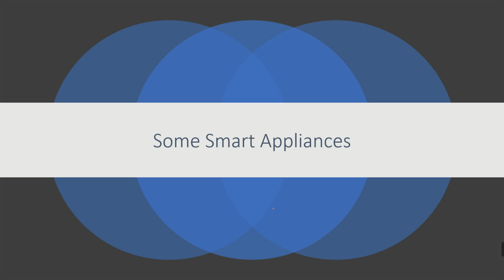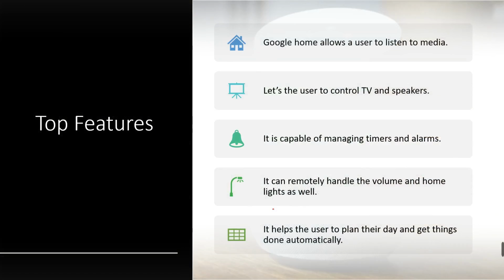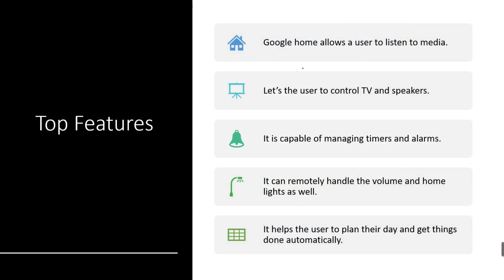Some examples of smart appliances. When you are having great information about this Google Home voice controller, you are all familiar with some smart appliances. I have mentioned two or three in this video. These are the top features: Google Home allows the user to listen to media. They can control TV and speaker.